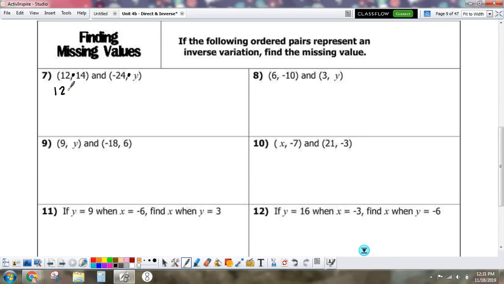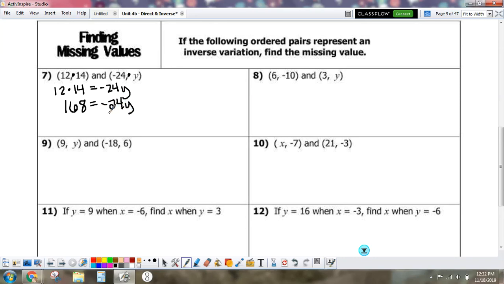So I do 12 times 14 equals -24y. For this one, I did write this out, but in the future, I may not write those out. 12 times 14, you get 168. And that's -24y.